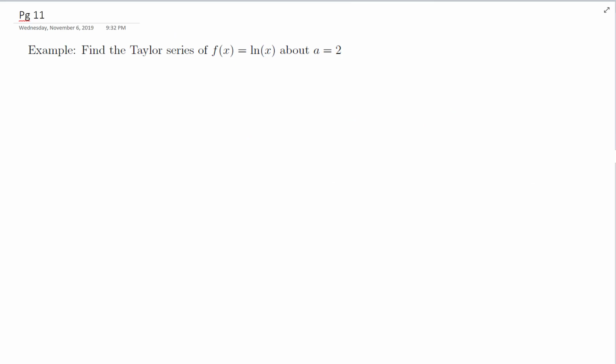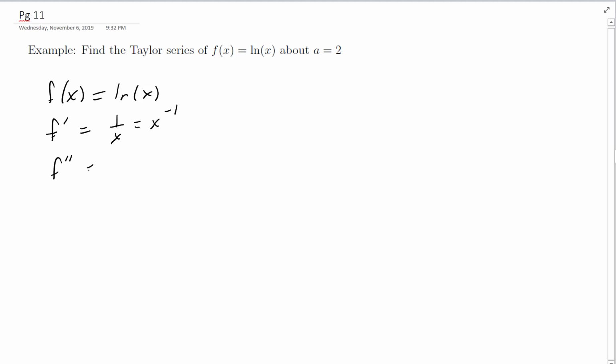Find the Taylor series for this function about a equals 2. So it's a Taylor series, so it means we start from the beginning and work our way through all the derivatives. So f of x is natural log of x. F prime is going to be 1 over x, or x to the minus 1. The second derivative is minus x to the minus 2.